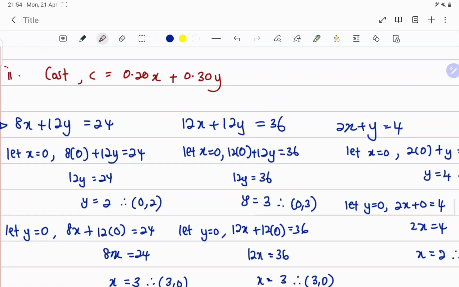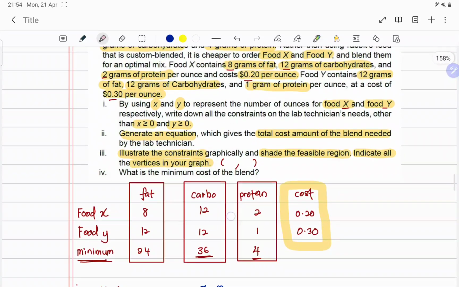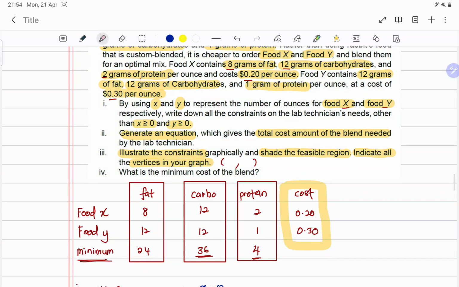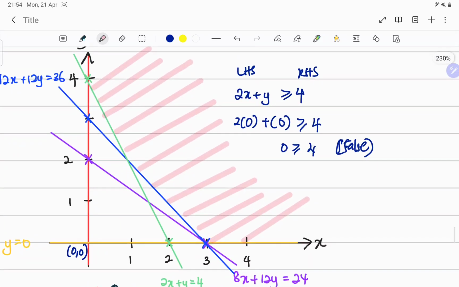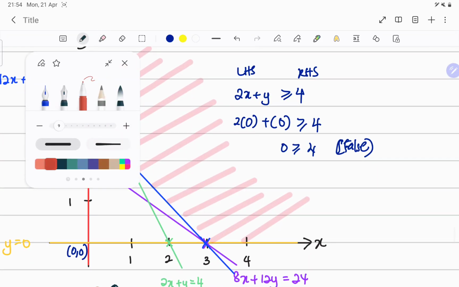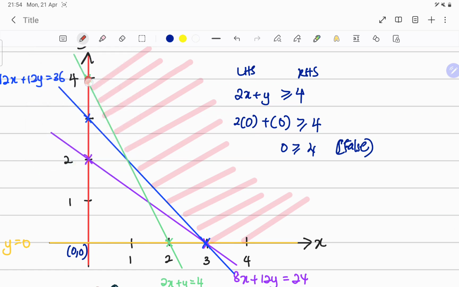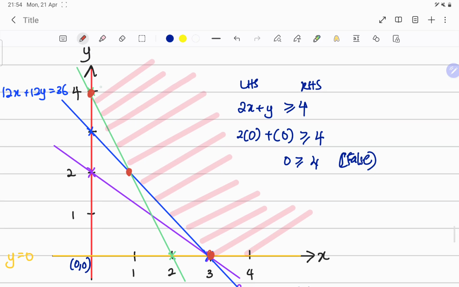So now if you go to your question, apparently they ask you to indicate all the vertices, which means all the vertices in the graph here, where this one, and this one. You need to give the answer for the vertices here. How to find? First of all, here you already have y equal to 4, right?